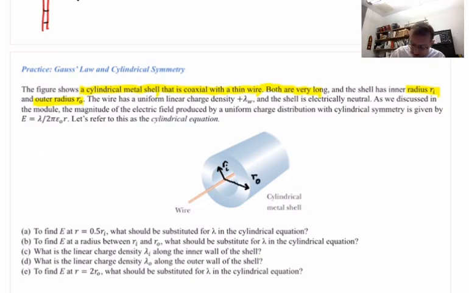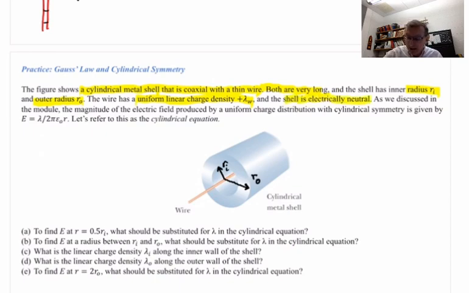That wire, which you can see is very thin, is right along the axis in the middle, and it has a uniform linear charge density plus lambda W. They're telling you that that wire is positively charged, and the charge per length they want to call lambda W, W for wire. The shell is electrically neutral.